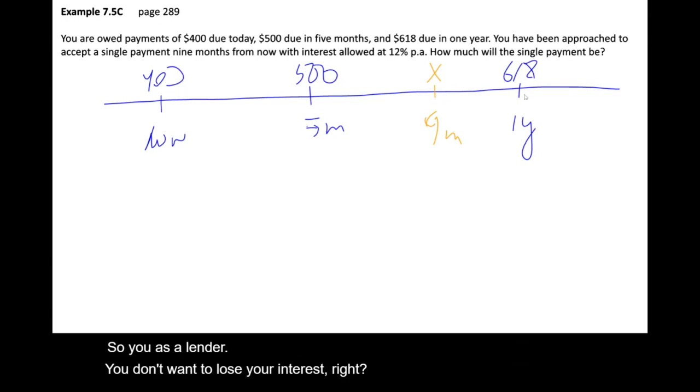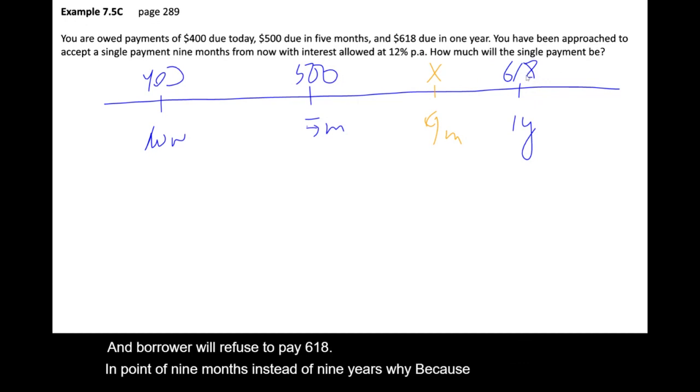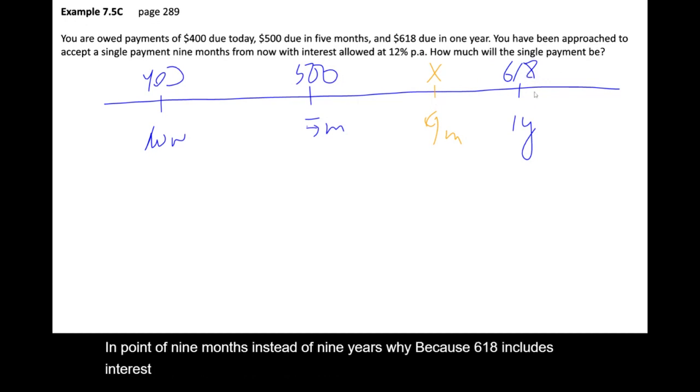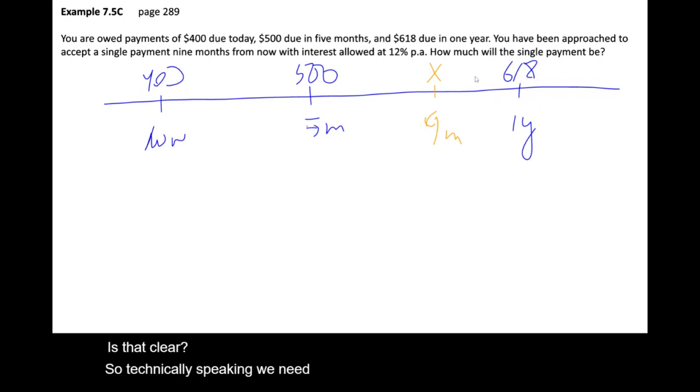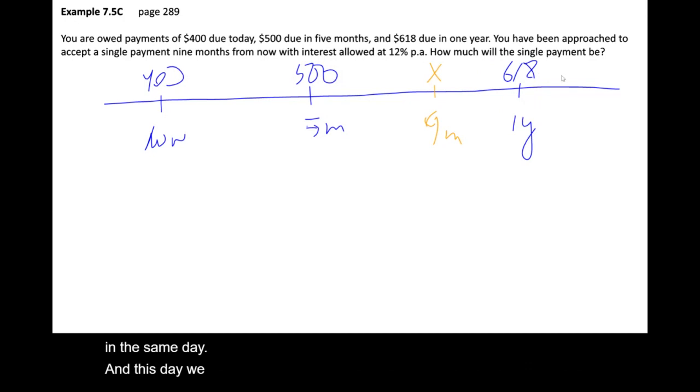And the borrower will refuse to pay 618 at the point of 9 months, because 618 includes interest that would grow from 9 months to 1 year. Is that clear? So technically we need all four amounts in the same day, and this day we call the focal date.